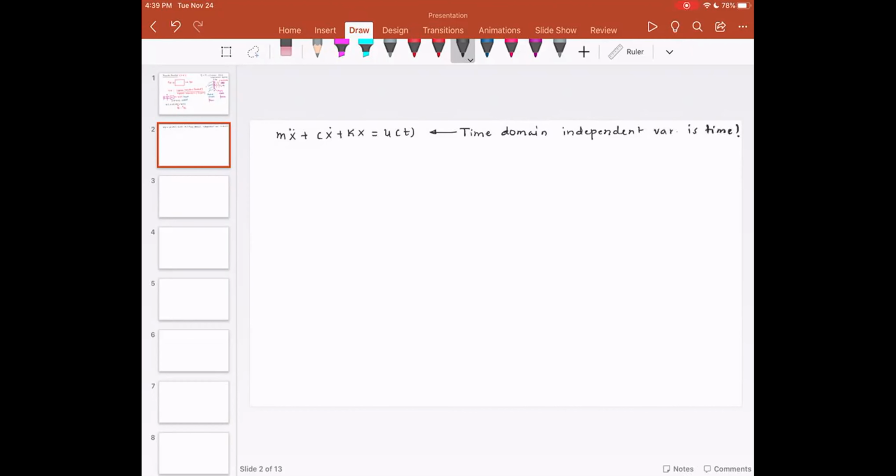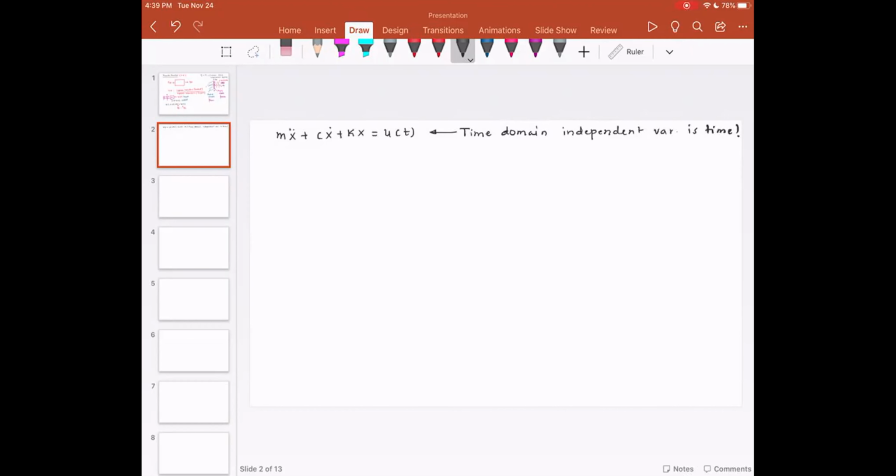This is very important. Now I want to take the Laplace transform of the left hand side and the right hand side. So let's start with what we did in last class. If you have x of t in time domain, in Laplace domain you're going to have x of s. If you have u of t in time domain, in Laplace domain you're going to have capital U of s.